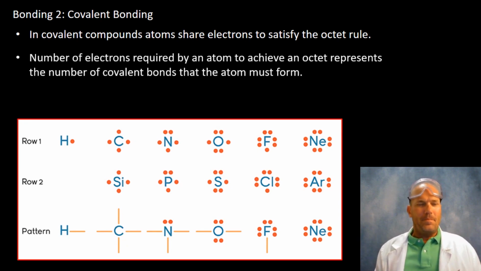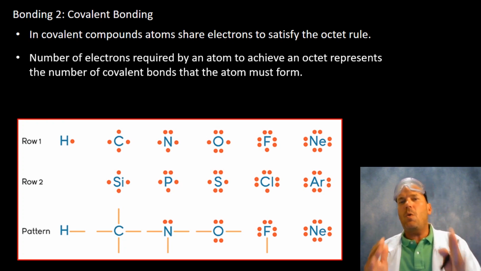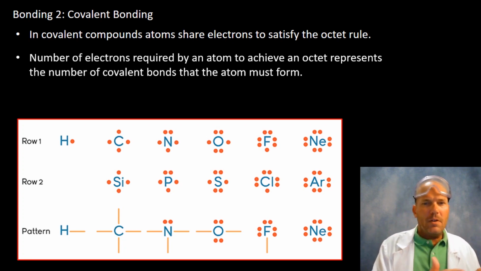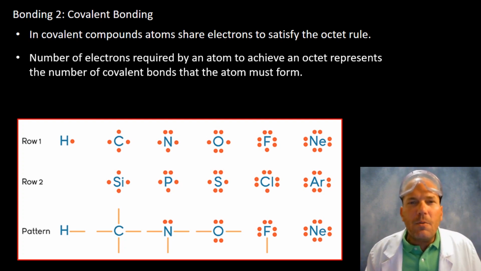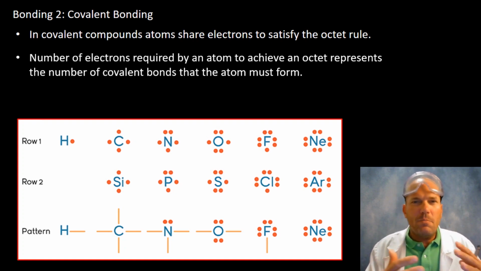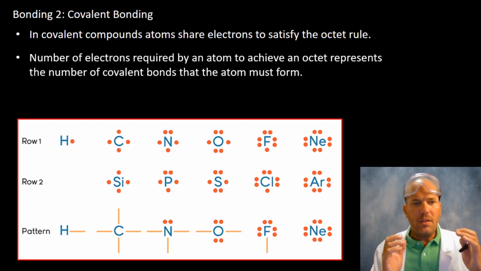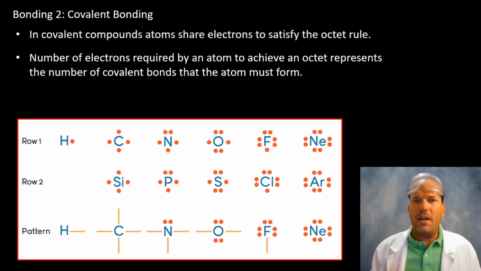Let's look here at this schematic that is comparing the number of electrons required and the number of covalent bonds that form. So think about going all the way back to +1, +2, +3, skip, -3, -2, -1, zip. Let's look at hydrogen. Hydrogen has 1 valence electron.